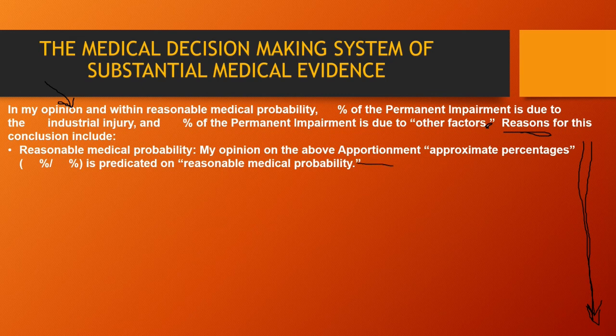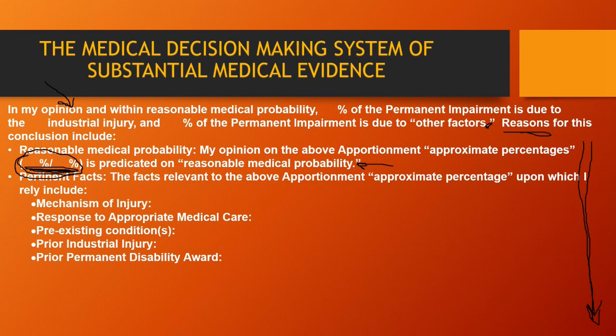Ask yourself, is it a 51% or greater likelihood of being true that these percentages are the true and accurate percentages? If you can't even answer that to the 51% threshold, then don't use these numbers. Change your numbers to ones that you can be more reasonably medically probably certain of.